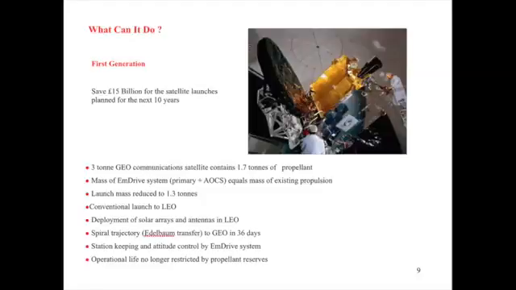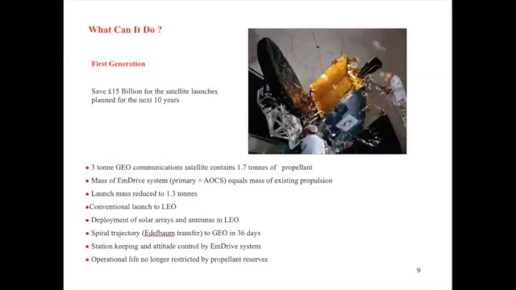If you look at a classic 3-ton communication satellite, what surprises a lot of people is that over half the mass of that satellite is actually propellant. And this propellant is used to take the satellite from its transfer orbit, which is where the rocket puts it, into its operational orbit, which is where it starts making money.